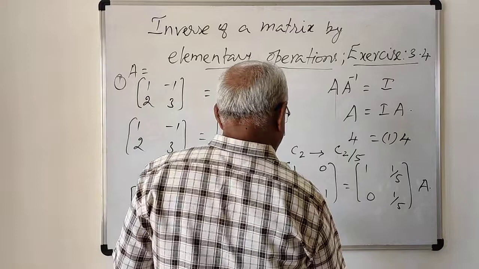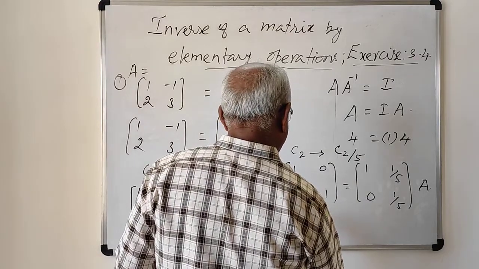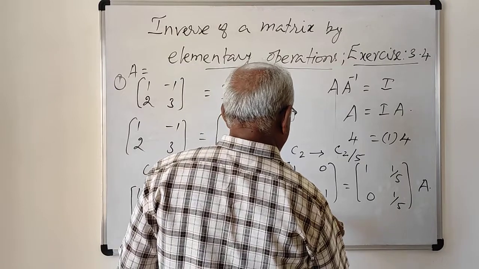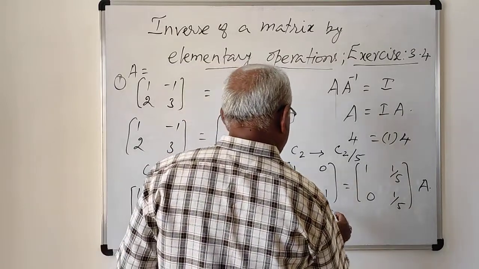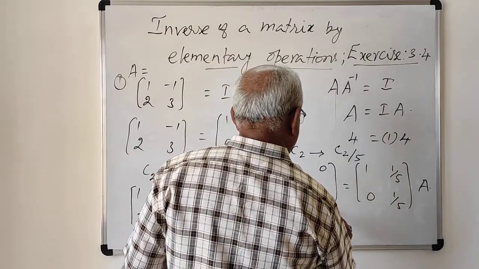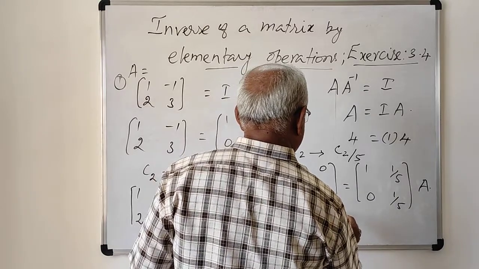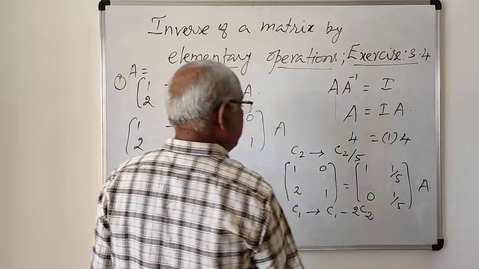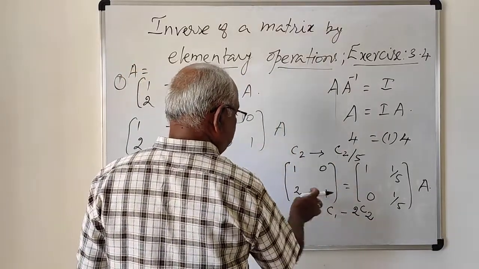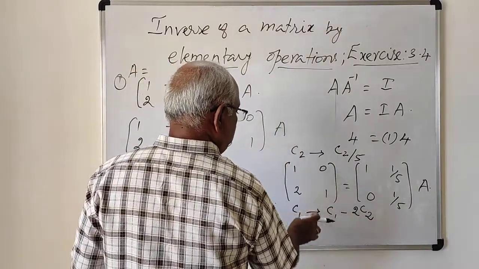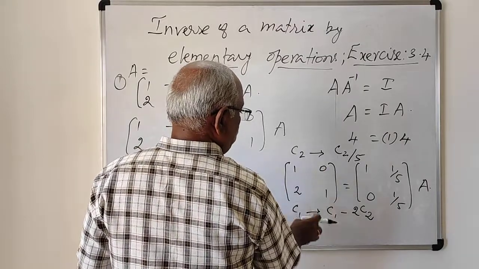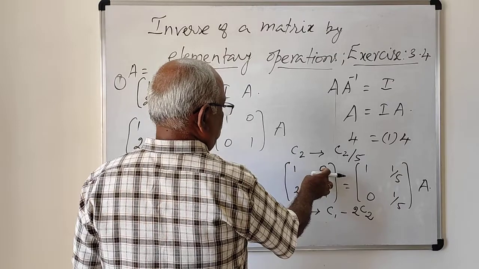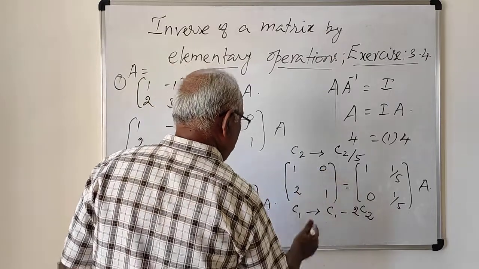That is, you derive C1 as C1 minus 2C2. What do you get? First column, C1 is 1, C2 is 0, 2 into 0, 0, 1 minus 0 is 1.